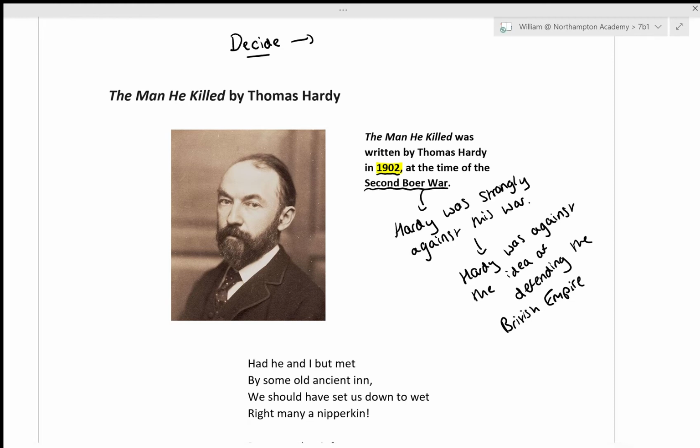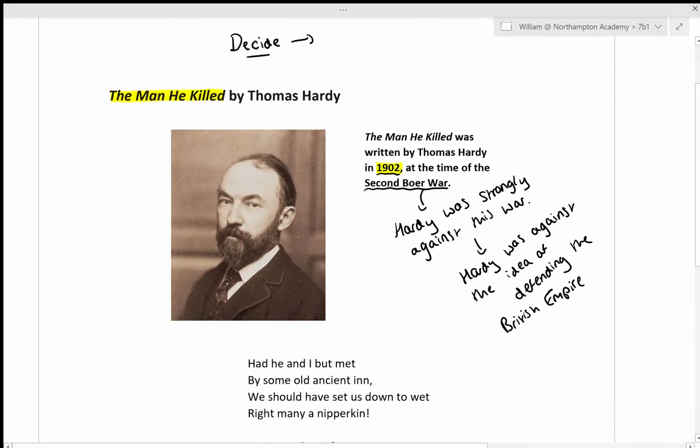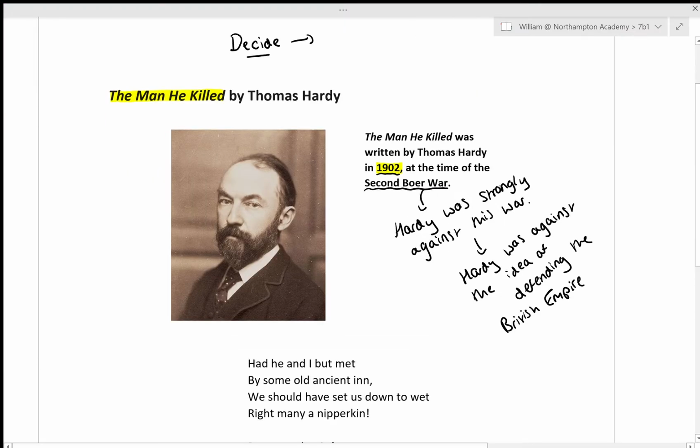Let's have a look at the title of the poem, The Man He Killed. Now in some of the other poems we've looked at, The Soldier, for example, or A Dead Boche, particularly with The Soldier, it was about glorifying war and emphasising how patriotic the soldier feels, how proud they feel to fight for their country.